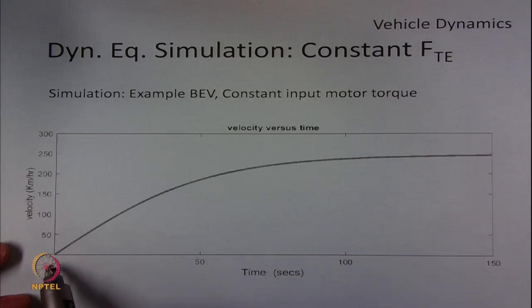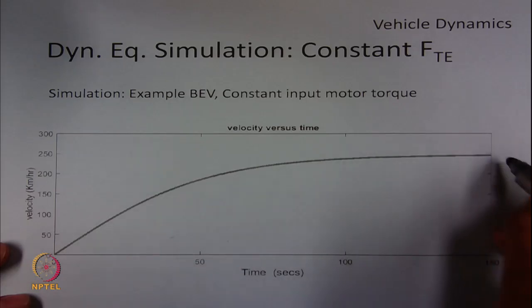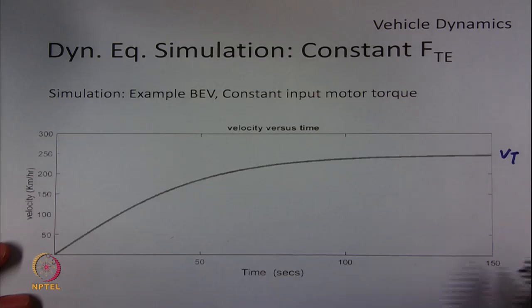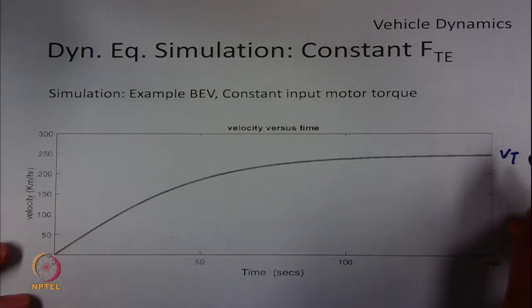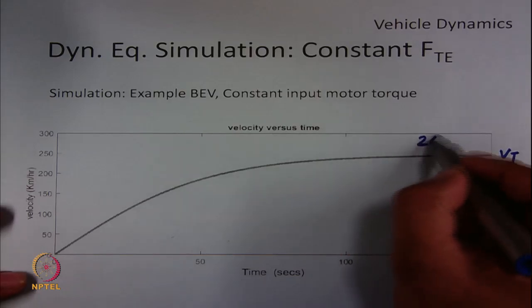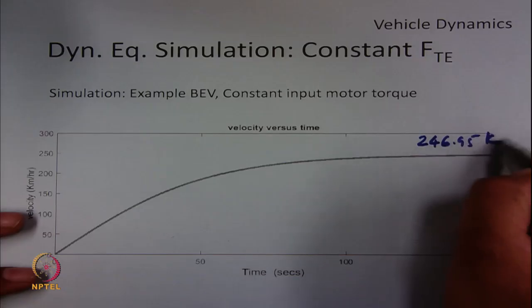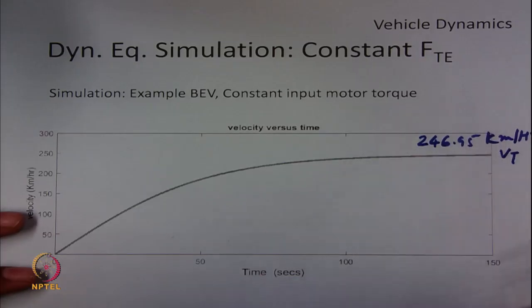So, the velocity will start from 0 at 0 seconds, and it will go all the way and become steady state. So, the value will be Vt after some point of time. So, we have seen this value of Vt equal to 246.95 kilometer per hour.